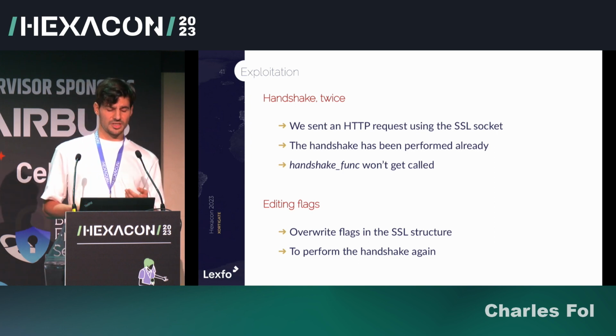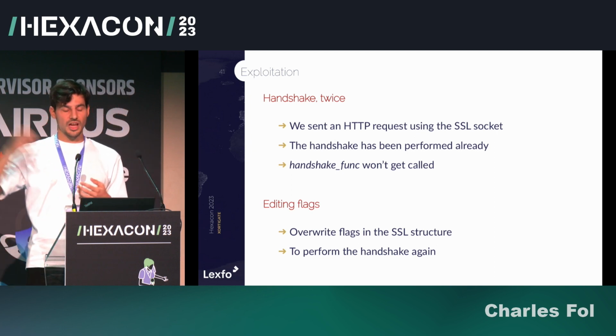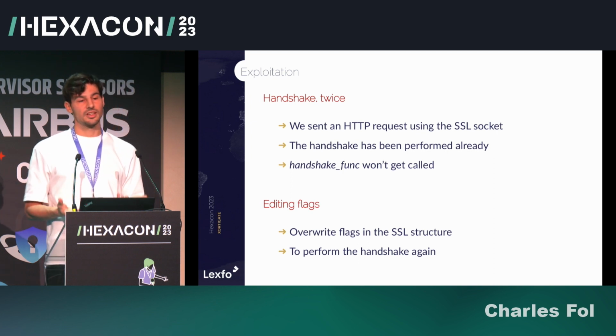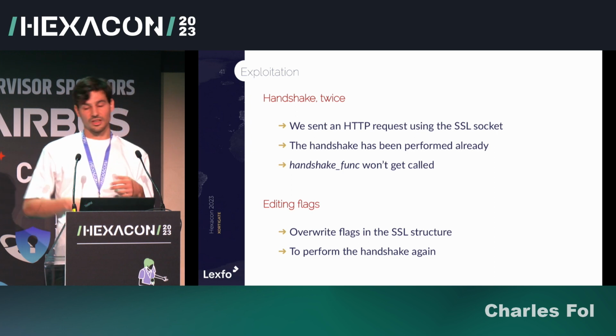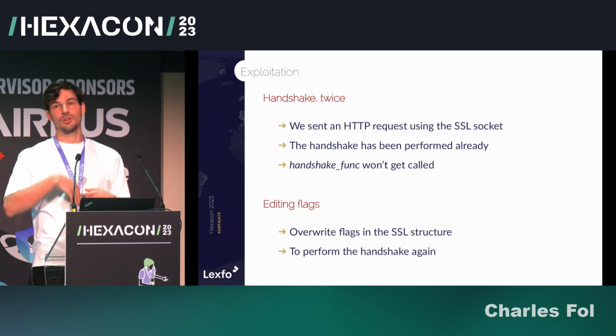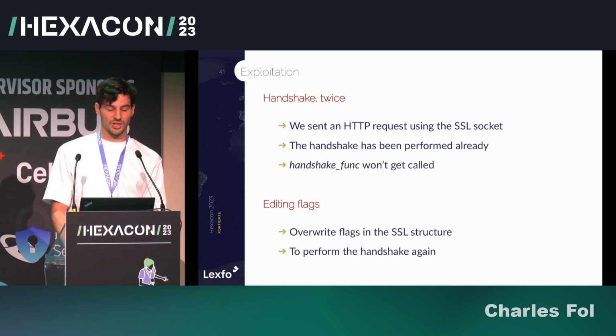So what we can do is simply override flags in the SSL structures. Those flags are way after the uncheck func, and just make it think that the uncheck has not been done. So you send a request to reallocate, and then you make it think that the uncheck has not been done, and when you send anything, it will think that it is the uncheck again, and it will trigger uncheck func.